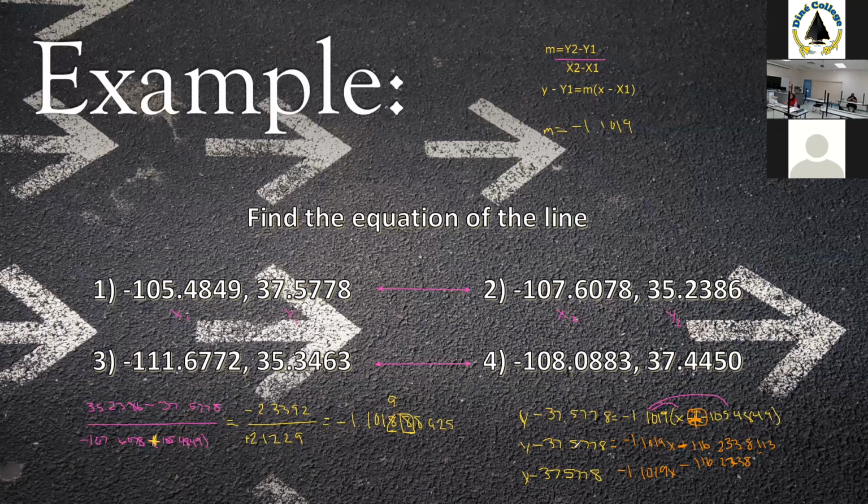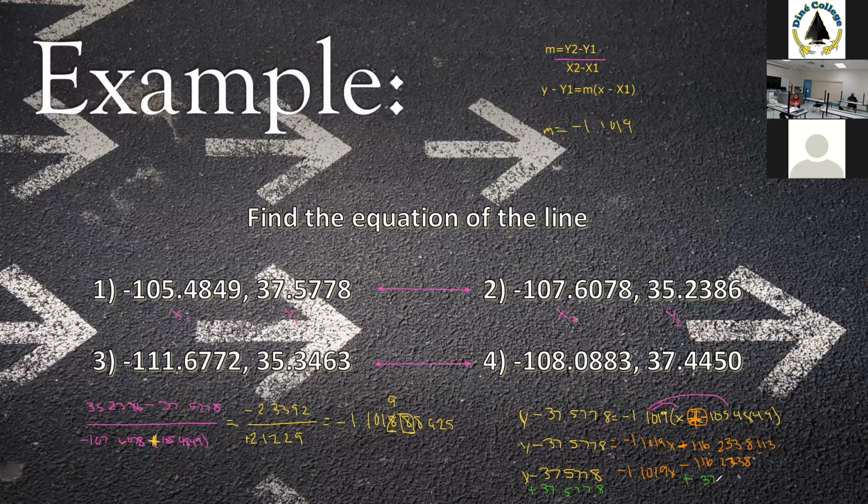And now for the last part, we're going to isolate our y. To do that, it's the same thing how we did it with our x's from our previous problem. We are going to do the opposite. So if it's a negative 37, we're going to put a positive 37.5778. So now we have this one. We're going to bring it over, and it's only going to match up with the same kind. Since this one doesn't have a variable, it's going to go with the one at the end.